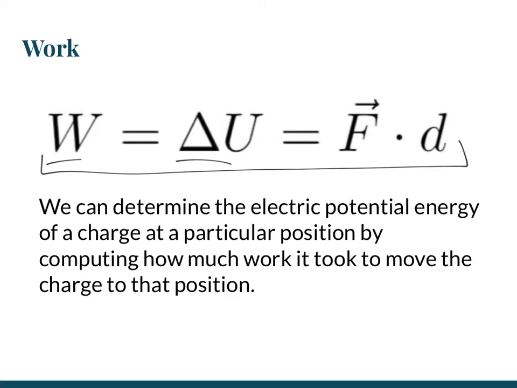So, for example, in gravitational potential energy, if you've got some object at height 0 and you need to calculate its potential energy at a height of, say, 10, you use the force, not the Star Wars force, the force of gravity, mg, and multiply it by the distance you move the object, which is mgh. So that's your potential energy there.